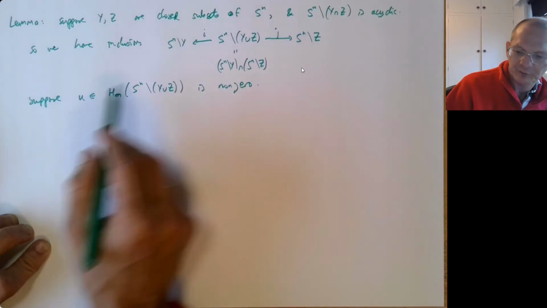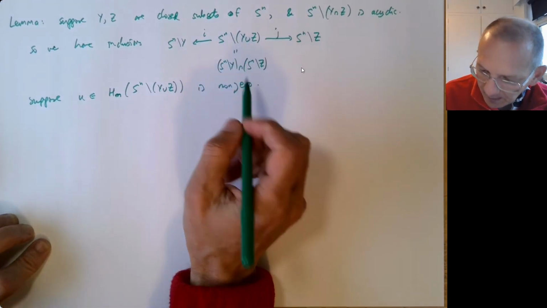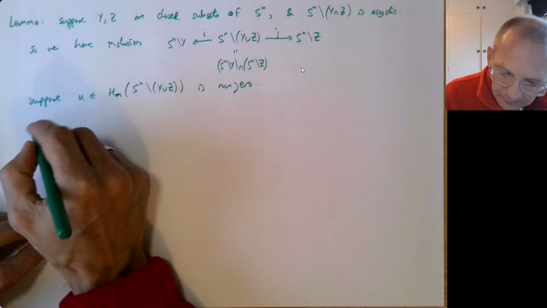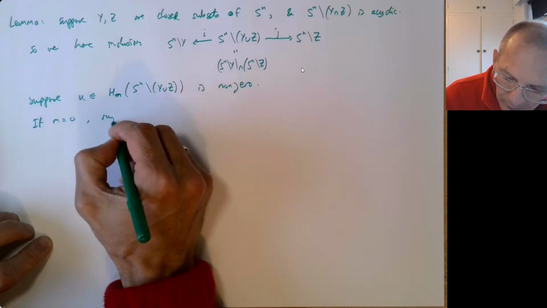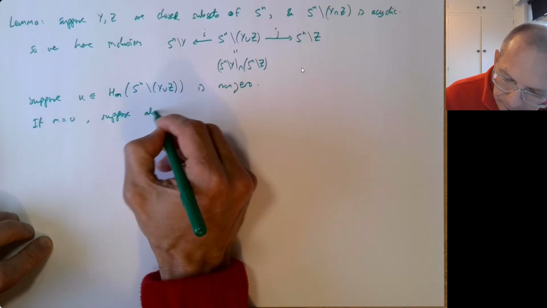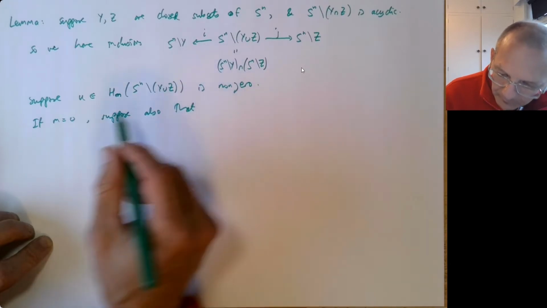So we're going to suppose we've got some non-zero class u here.